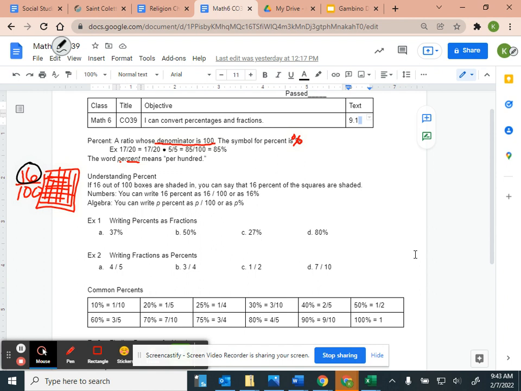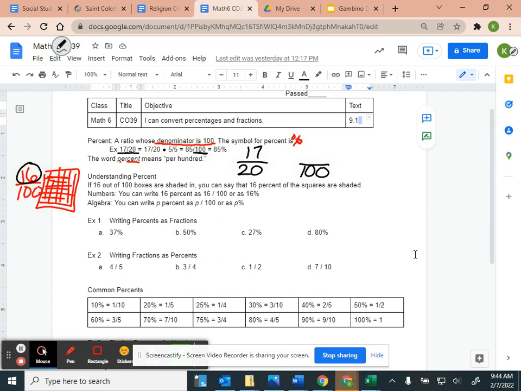If you have 100 as your denominator, your percent is going to be your numerator. If we look at our examples here, 17/20ths, we want to bring it up to 100. How can we go from 20 to 100, Anthony?